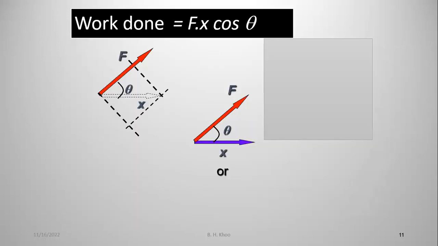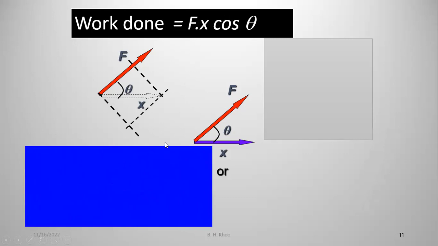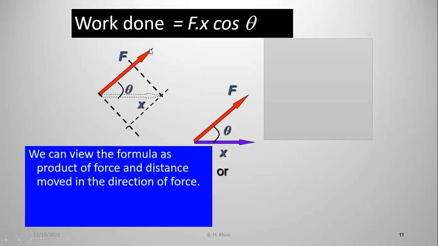So you can view it either way. You can view it as the force, and then you resolve the distance in the direction of the force. Right? Here's the force. Resolve that one: x cos theta, which is the same as that one there.